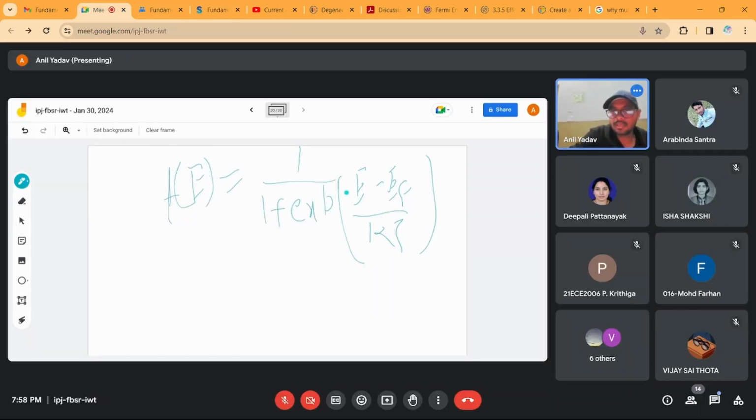So I need to think about this once, because they are saying at the conduction band EC, the Fermi level is just below by 0.2 electron volts.